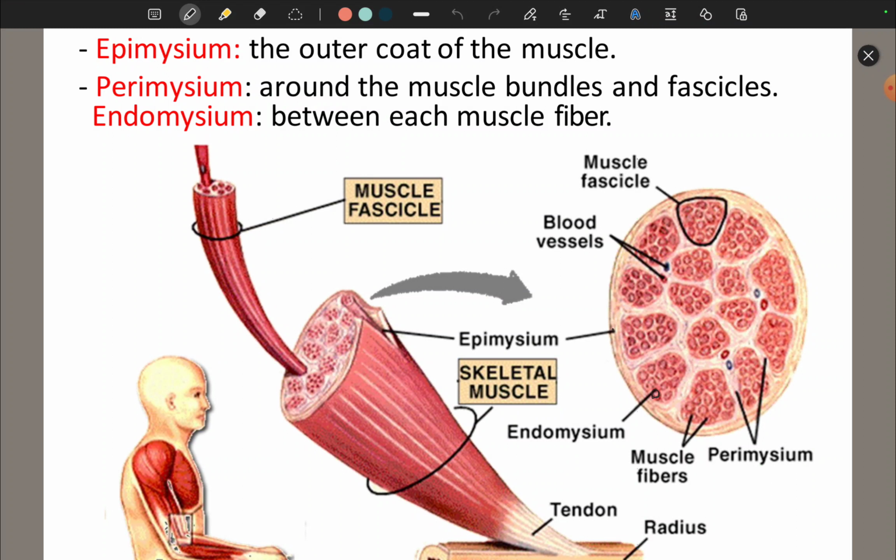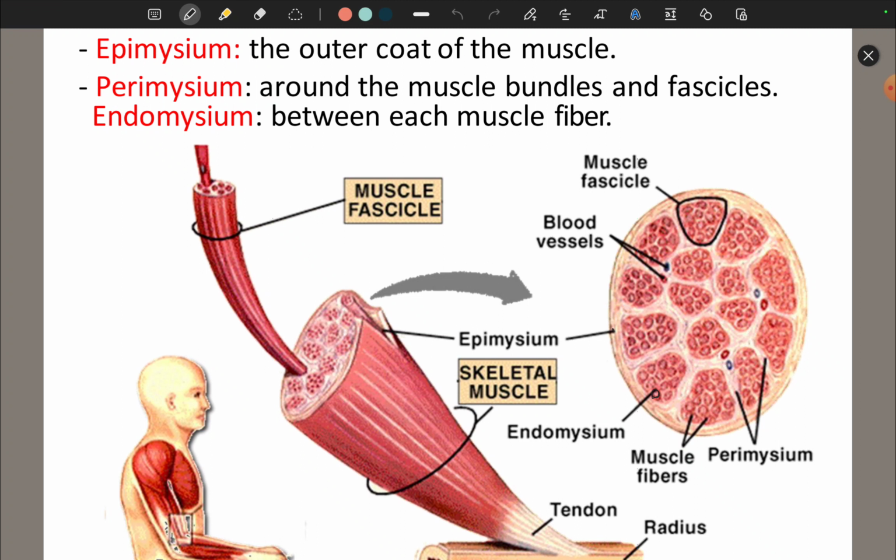So epi, peri, and endomysium. As you see here, blood vessels run through this connective tissue, used as a path to supply all parts of the muscle. Here the muscle is attached to the bone by tendon.